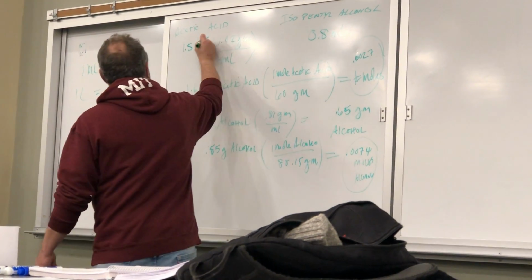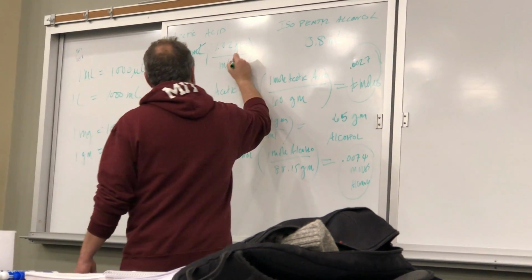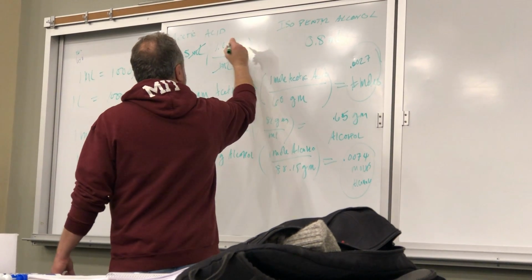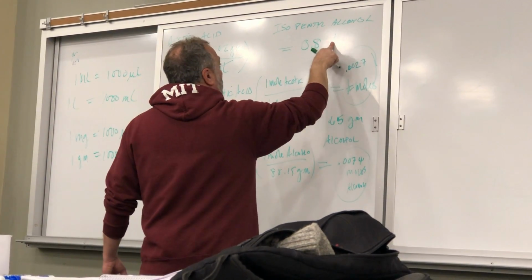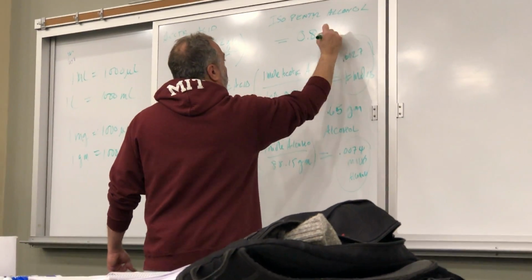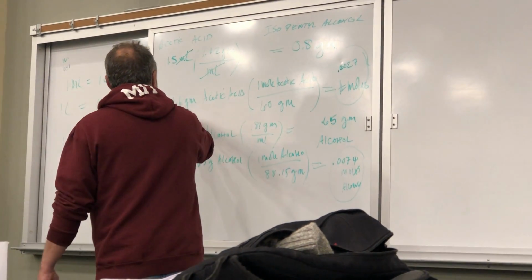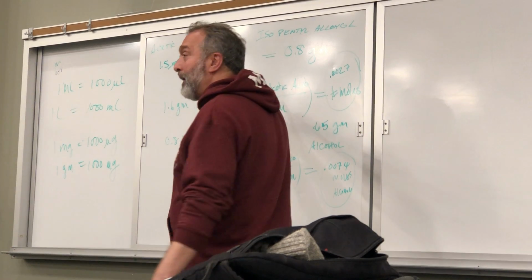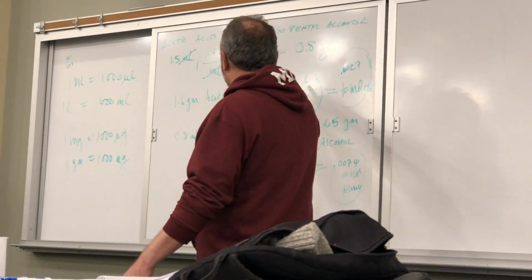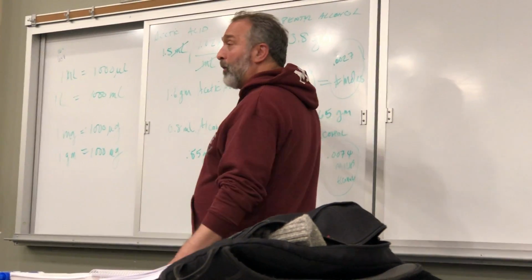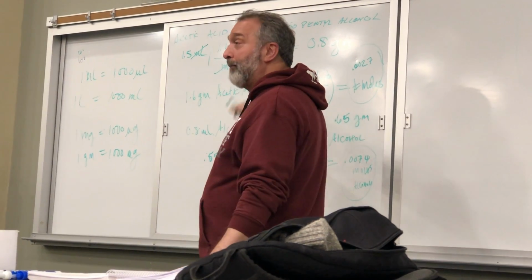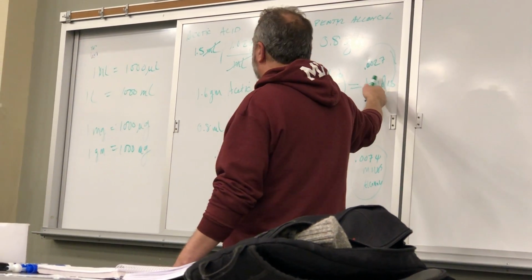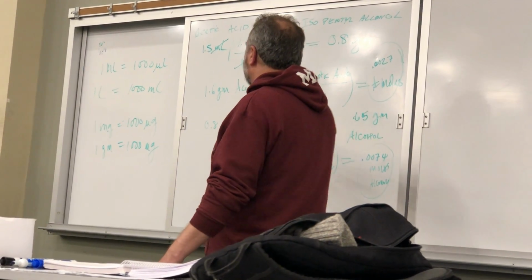You have milliliters of the acetic acid, that gives you grams of the acetic acid. Grams of acetic acid multiplied by the inverse of the molar mass. So whatever the molar mass is on your table there, take the inverse of that. That gives you the number of moles of acetic acid. Same with the alcohol.